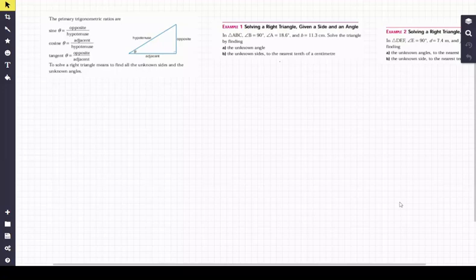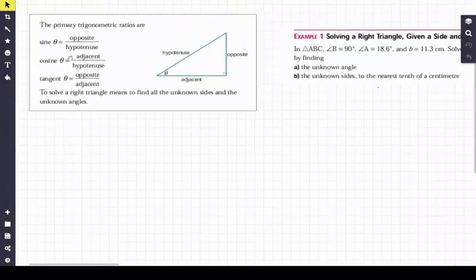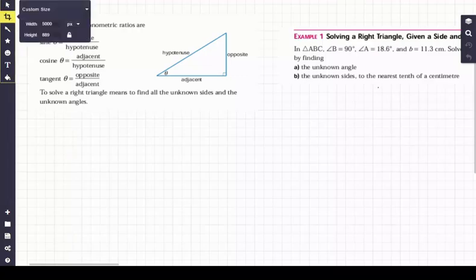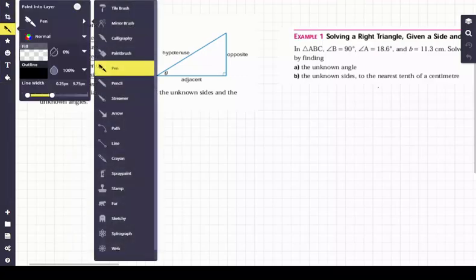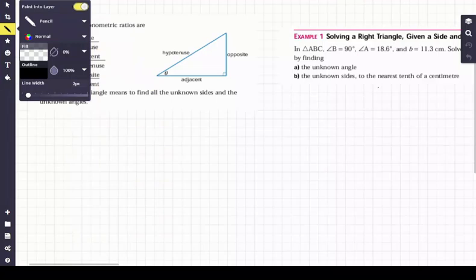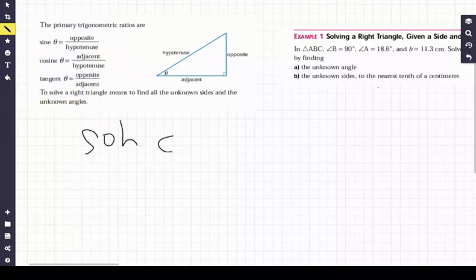Today's pretty much a review. I'm gonna do some review and all of that. So let's start. As I taught a little bit in the last class, we have the sine, cosine, and tangent ratios. Right?